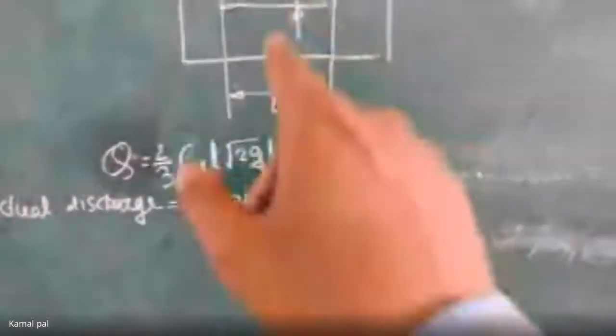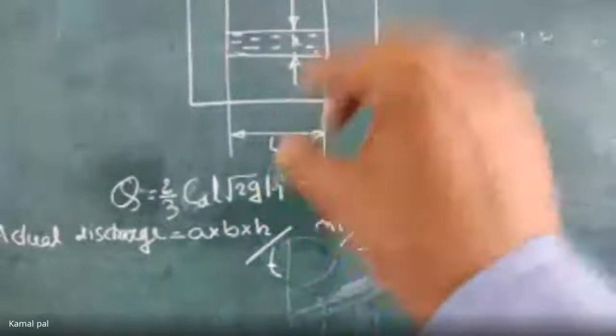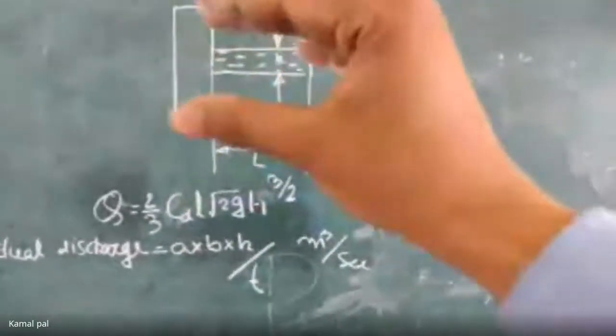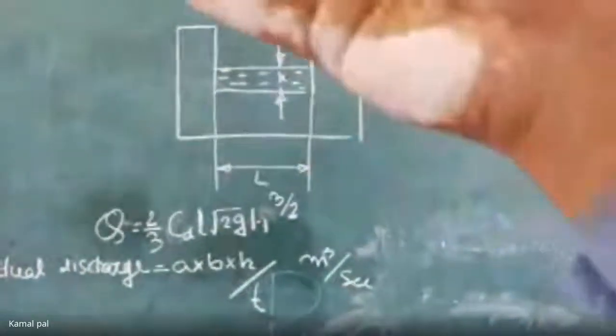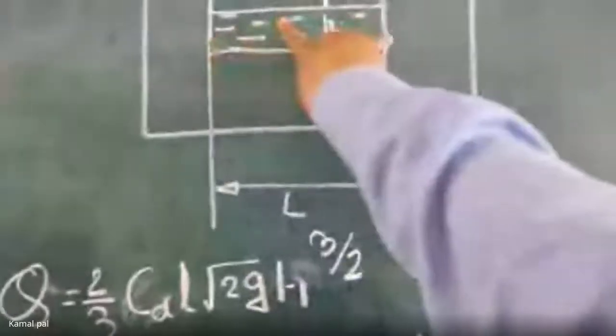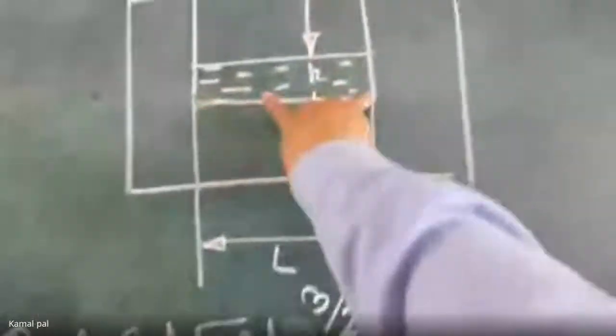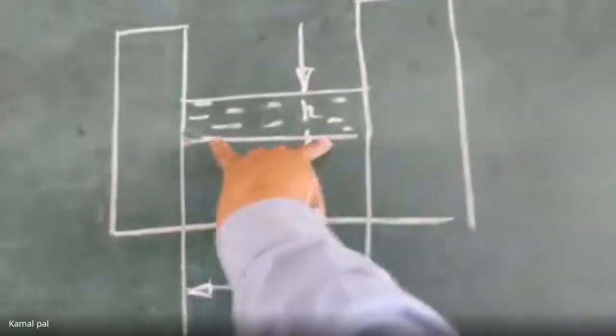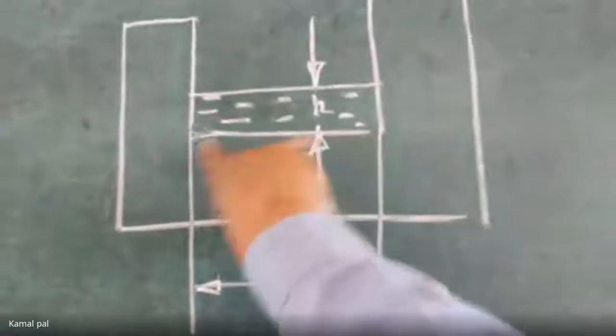This is the height of the nappe, that is the thickness of the sheet of water passing over the crest. And L is the length of the notch opening.